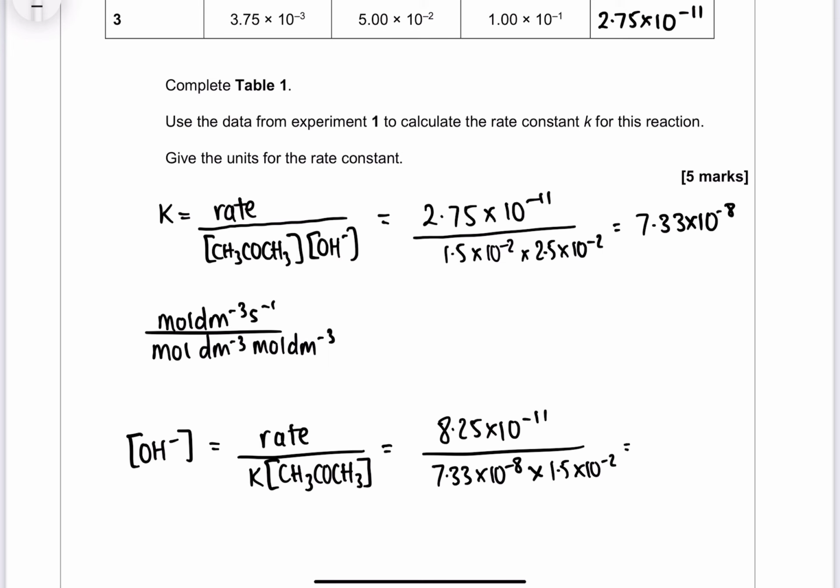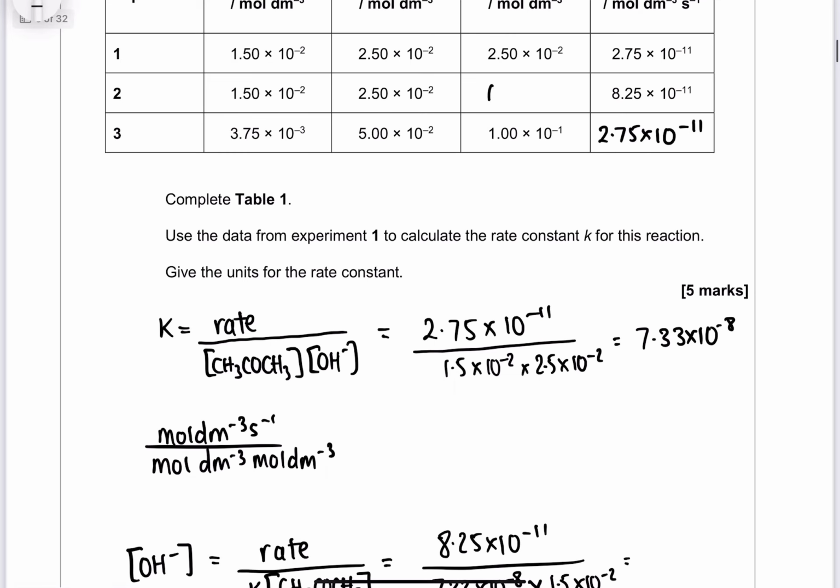We should be able to find out what the new concentration is. That's coming out as 0.075, or if you want to keep it consistent with the other numbers, you could write it in standard form, 7.5 times 10 to the minus 2.